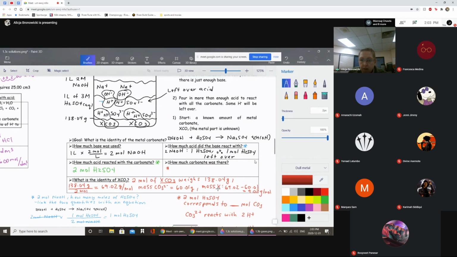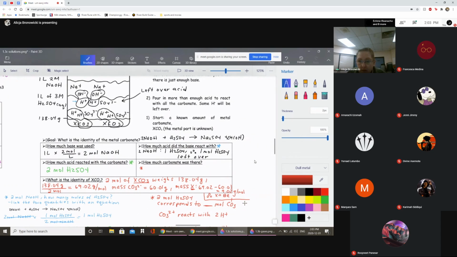Okay, so X has a mass of 9.02 grams per mole. So what element has a molar mass of 9.02 grams per mole? That is beryllium. Okay, so my carbonate, oh my gosh, this is such a mess, my carbonate is BeCO3. It's beryllium carbonate.